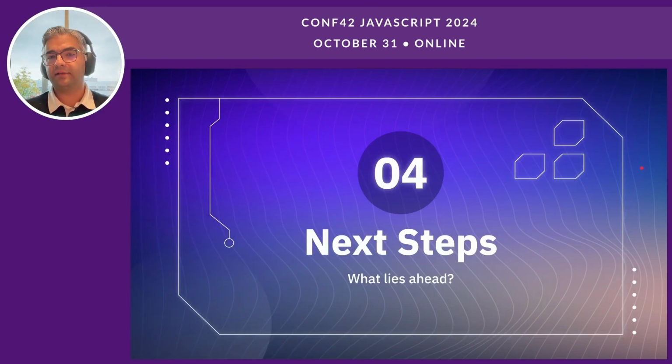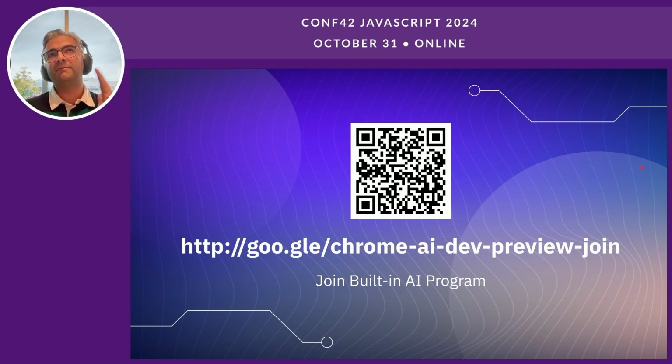So what's the next step? What lies ahead? One of the most important things, the step after my talk, after what we just learned, is you. I want you to join the built-in AI program from Google. This is the URL, and this is the QR to that page. Just join the program so we can help each other understand more and look at what's going on.